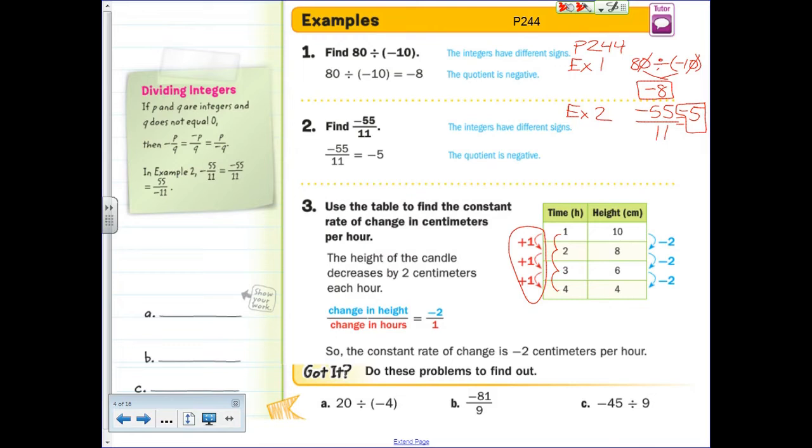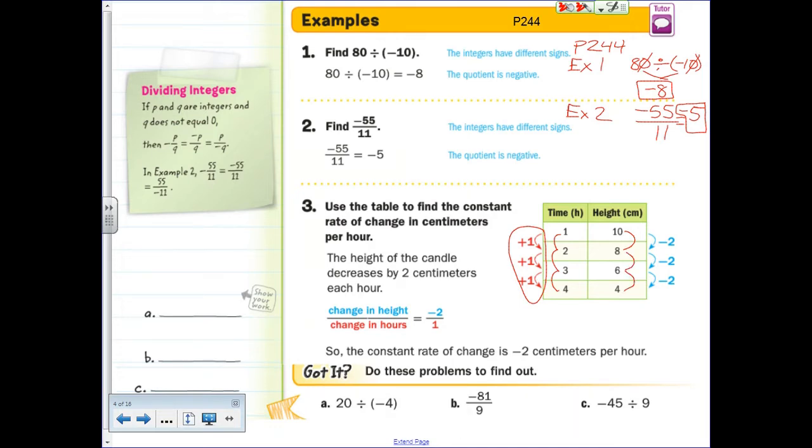So as the time goes up by hours, the height of the candle seems to be going down. So it was 10 centimeters, it's now 8 centimeters. That's a deduction of 2, then 6 centimeters, then 4 centimeters.